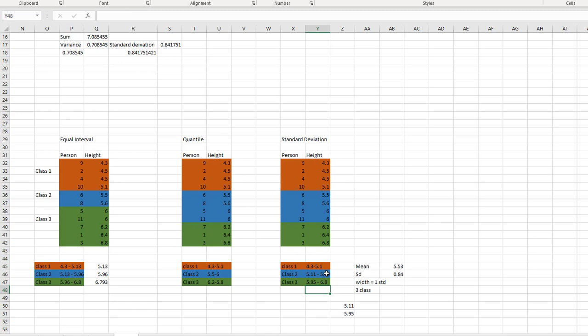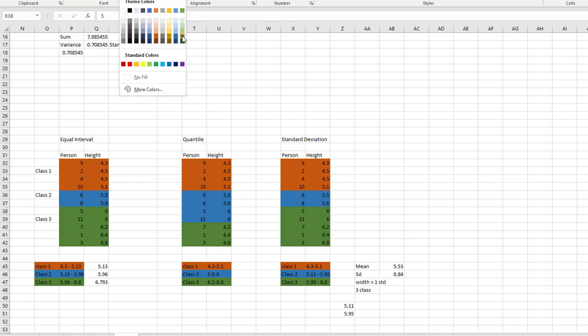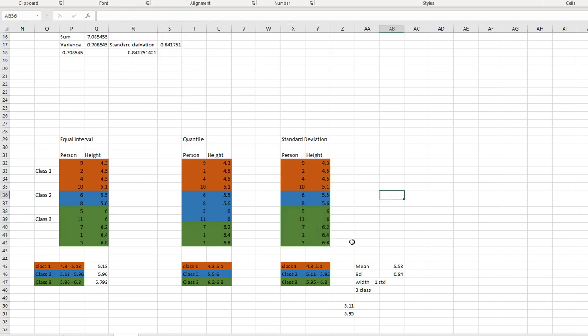So you can see that in this case, standard deviation actually mirrors pretty closely equal interval in the sense that these 2 data points are going to go into class 2. But you can see how we set up the middle class, at least because we only had 3 classes, that the middle class was based on 1 standard deviation centered on the mean, and then the other 2 classes, because we only had 3, had to include the minimum value of the data set and the maximum value of the data set.